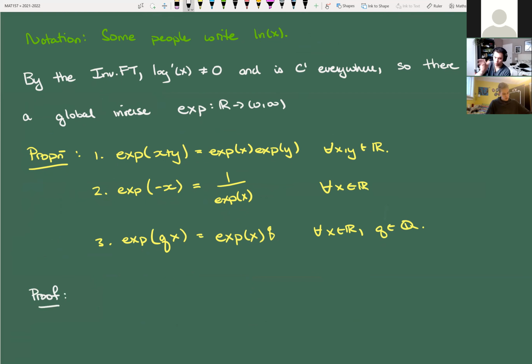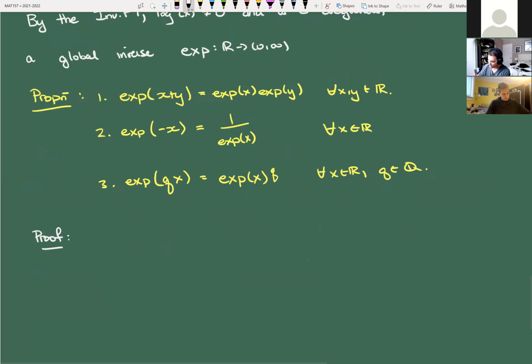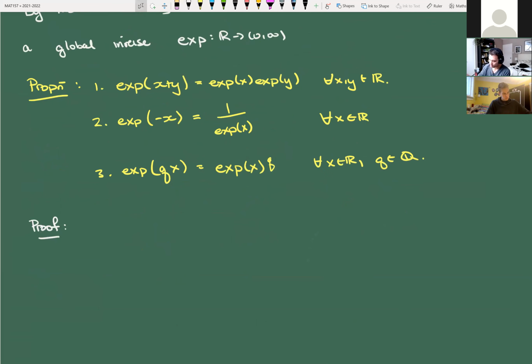Because you need one to do 2 and 3. So the trick is basically to use the fact that these are inverses, right? So number one, we know that this is just equal to x plus y, right?